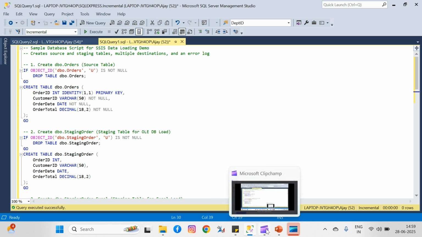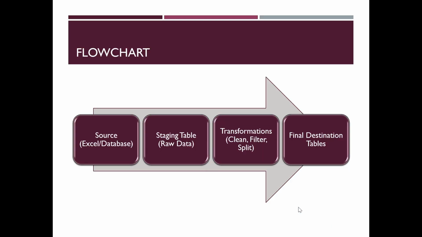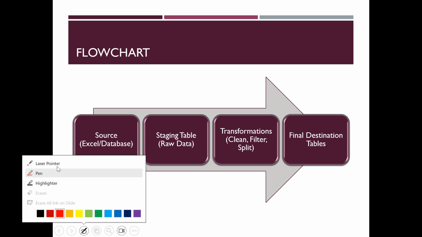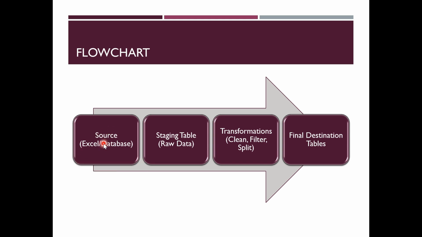After that, I'll go through this flowchart so we understand the flow more. A typical SSIS data flow goes like this. First it is the source, in the form of Excel or in the form of databases.